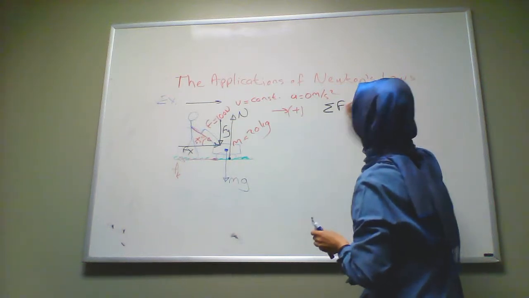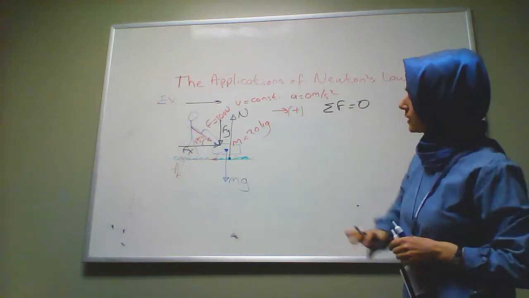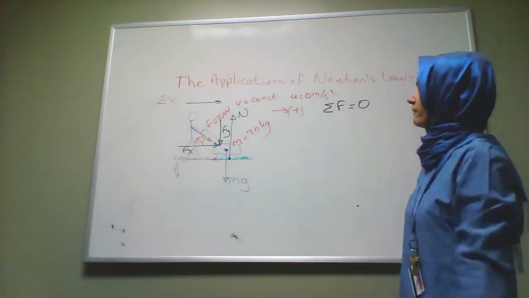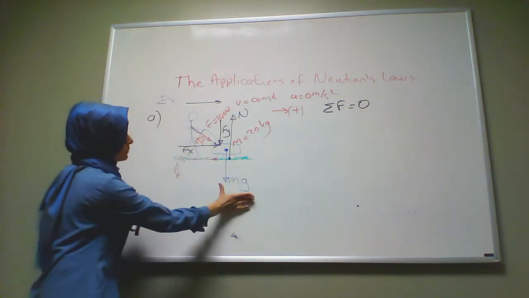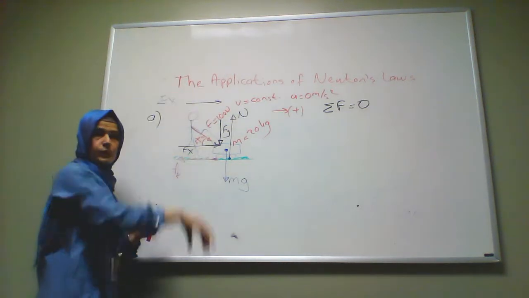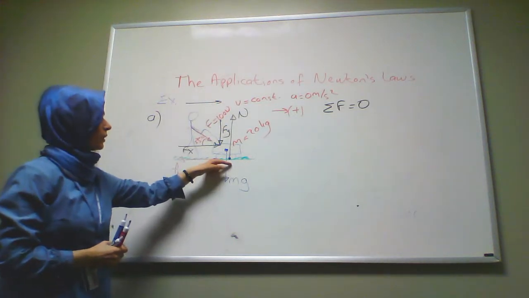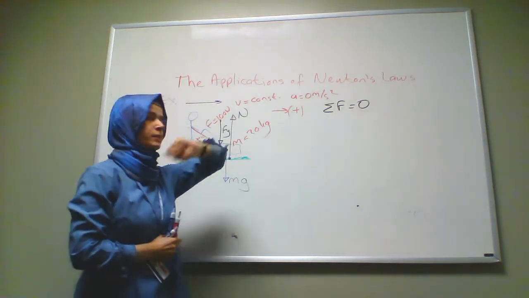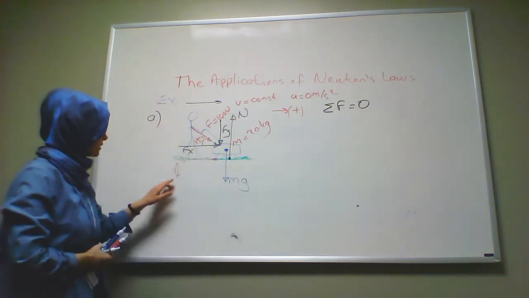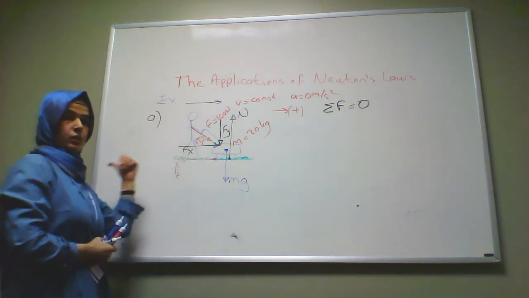F total is equal to 0 because acceleration is 0, velocity is constant. So these are all the forces we have. We're done with A. This is my free body diagram. I have mg downward, I have Fy pushing downward, there will be a normal force upward from the grass. There's Fx pushing to the right, which I have chosen to be my positive direction of motion, and Fk, the kinetic frictional force, pushing towards the left.